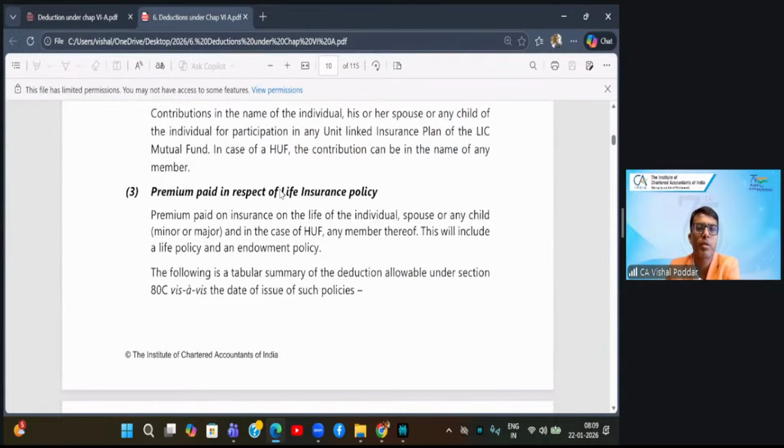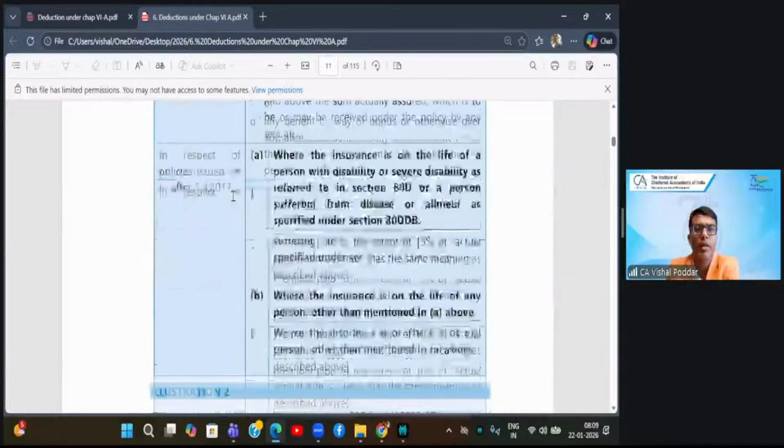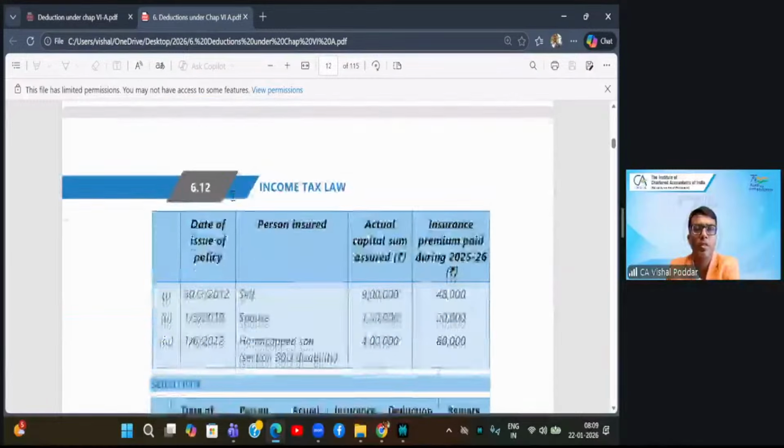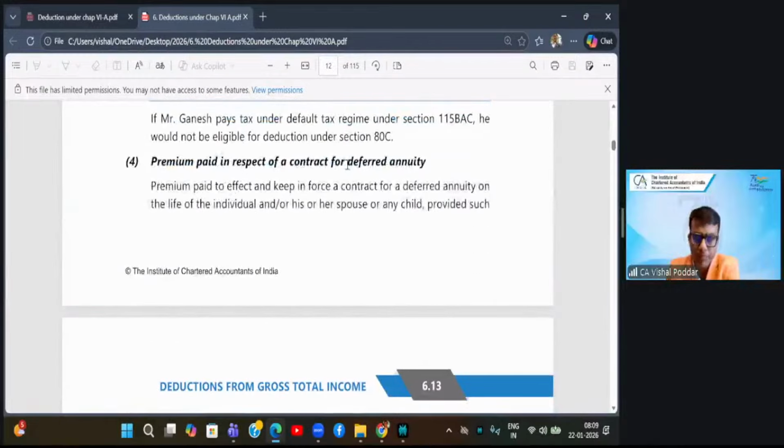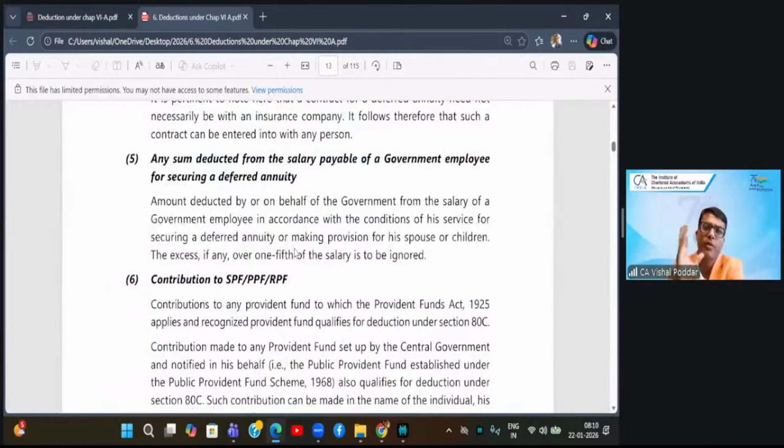Now here you have some conditions, but I'll discuss that condition a bit later. I'll first cover all the names. So third is also life insurance. Fourth is again a type of life insurance, which is over here called a deferred annuity plan. So if you have taken a deferred annuity plan on the life and you are paying premium, that is also covered. So you can say the first four are different types of insurance policies.